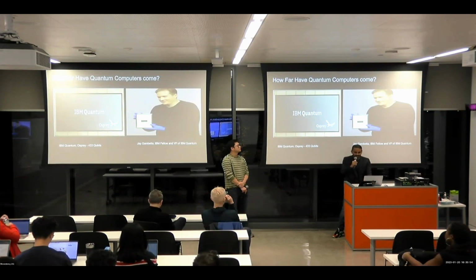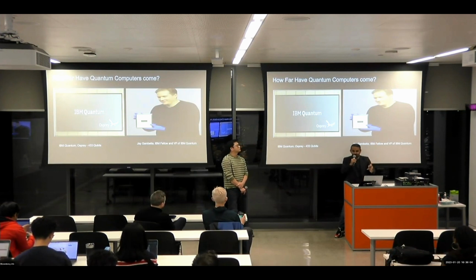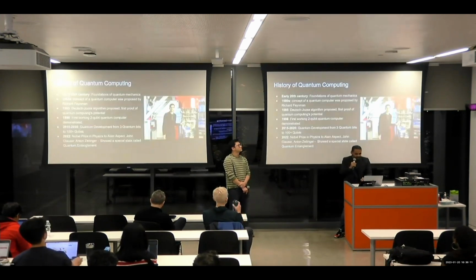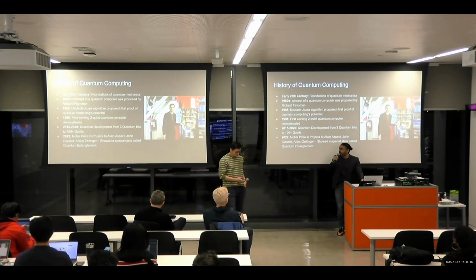And on the right side, we can see Jay Gambetta, who's an IBM Fellow and VP of IBM Quantum. I was just watching one of his talks and saw that it has come from such a big machine to such a small device with 433 qubits. And obviously the cooling mechanisms must be larger. So I'll hand it over to Jason for the history and explanation of quantum computing.